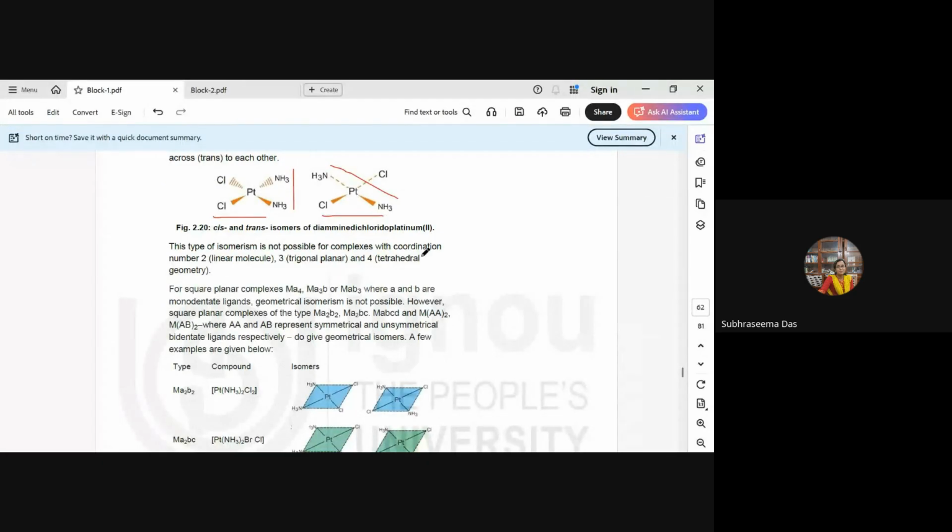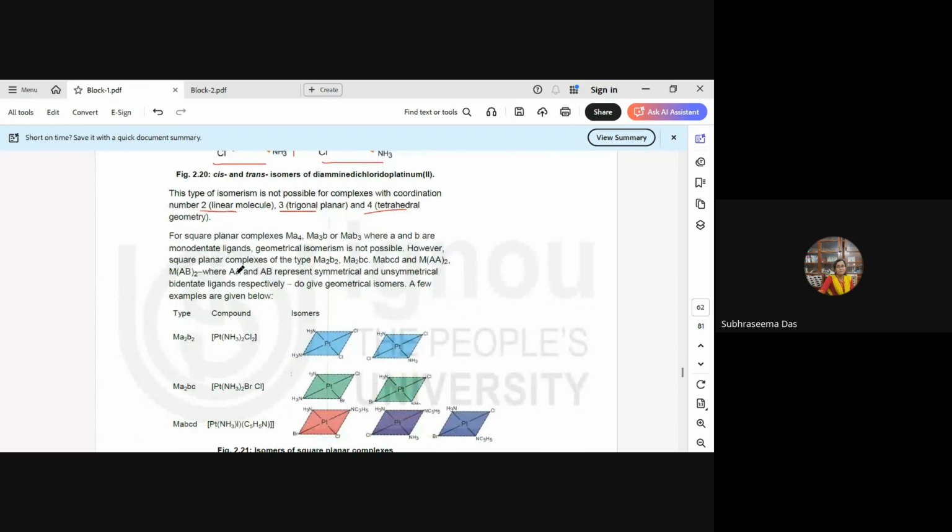This type of isomerism is not possible for complexes where the coordination number is 2 or 3, or for tetrahedral four-coordinate ones. That is, geometrical or cis-trans isomerism is not possible for molecules with linear, trigonal planar or tetrahedral geometry. When the coordination number is 4, it is possible only for square planar complexes.